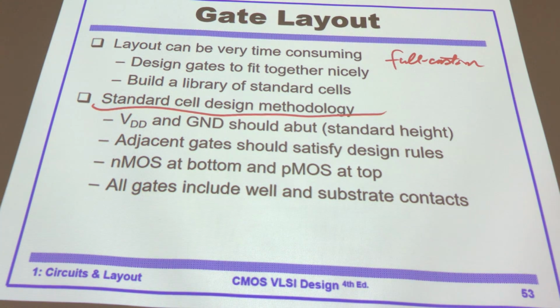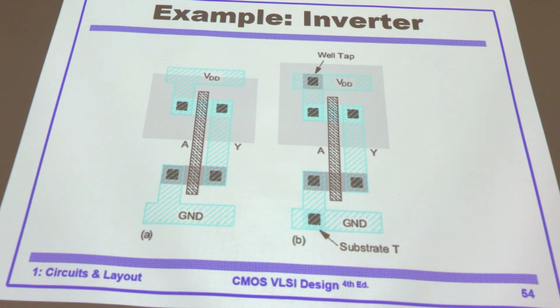Okay? Just like building a home, building a house. You try to use the available components, the bricks, and so on and so forth, to build your home. This way, you don't have to really design the layout for each circuit. And VDD and ground should abut together. Okay? Meaning standard height. Let me give you an example. Okay, here there's an inverter.